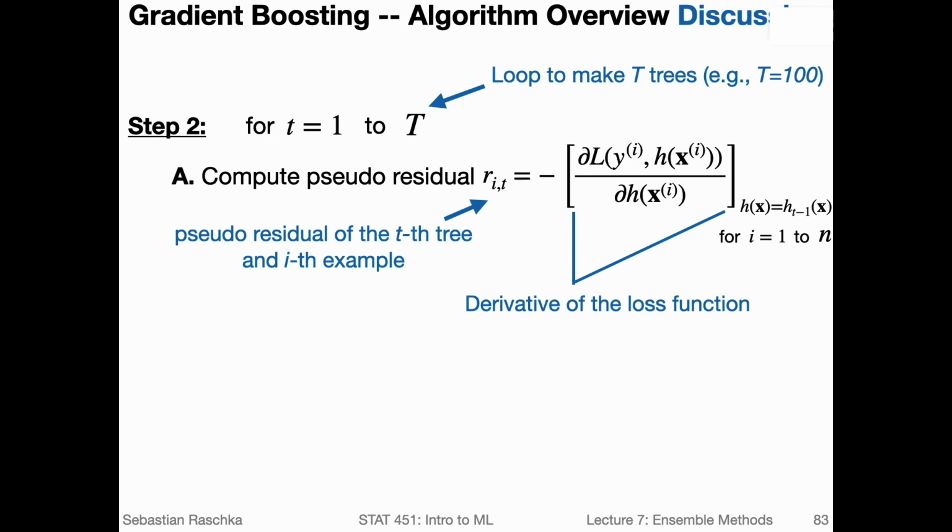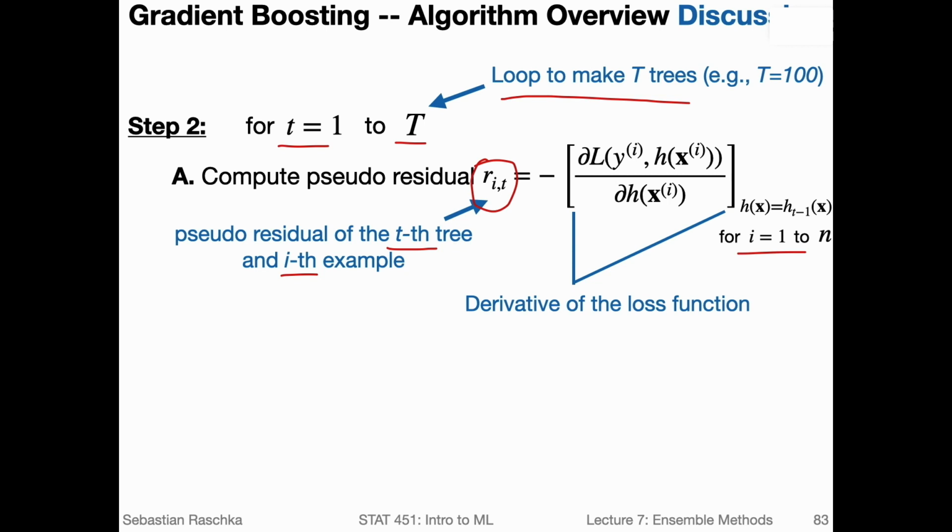Then in step 2 we talked about t, so we have a loop here for t trees that can be a hyperparameter that you would set when you run gradient boosting. This term here is the pseudo residual of the tth tree in the tth round and the ith training example. So you compute that for each training example, of course, like we've seen in the table.